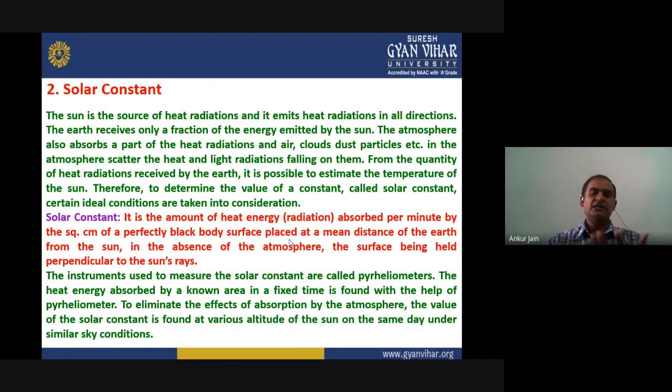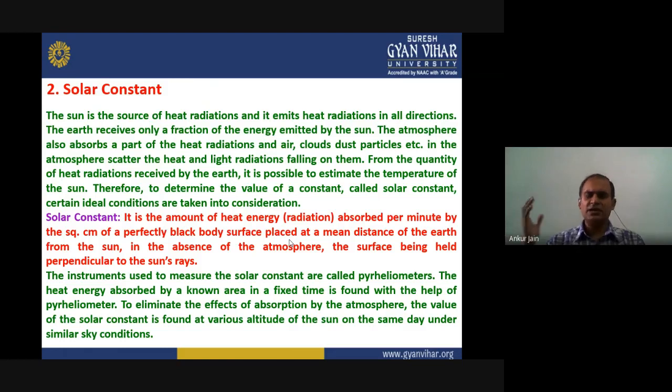We are considering that the earth is a perfect black body surface, or we can imagine some black body. That amount of total heat energy absorbed by the square centimeter of that particular black body is placed at the mean distance of the earth from the sun.